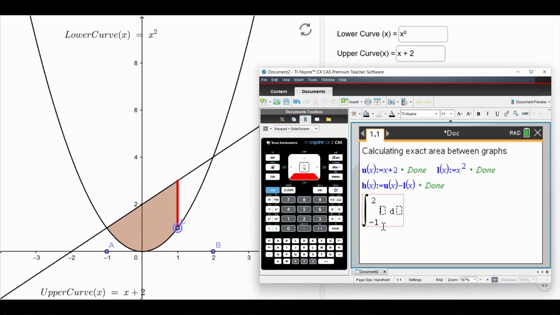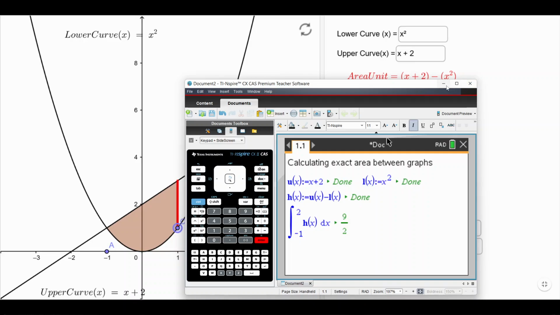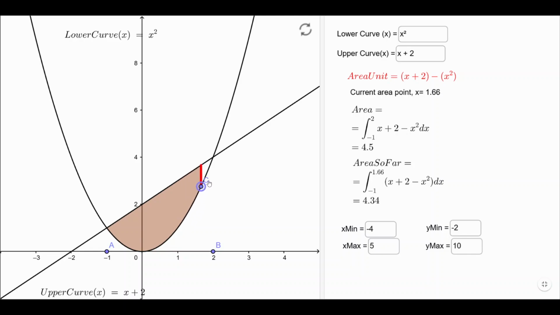And we have to write h of x, which is the height function of the strip, multiplied by the width of the strip, which is dx. So if you multiply the height function with dx, we should be able to get the area. And it comes out to be 9 over 2, which we had found earlier. That 4.5 is 9 over 2.